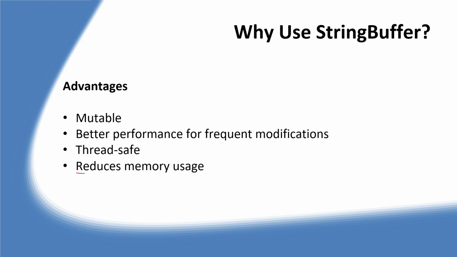That's why it says reduces memory usage, better performance, mutability. Thread safety we'll understand later, don't worry about this, but it is also one of the advantages of string buffer. So whenever we are trying to modify the existing string very frequently, we will go for string buffer.